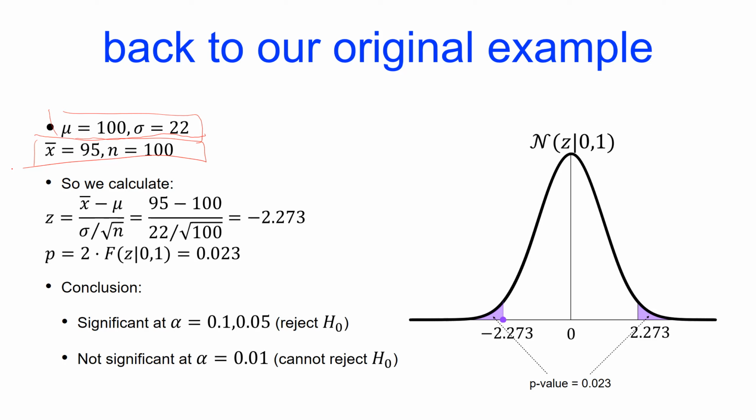So in order to check if the null hypothesis can be accepted or rejected, we basically plug your sample mean into this Gaussian distribution to see whether it falls into the rejection region.